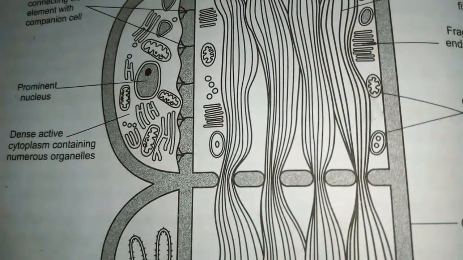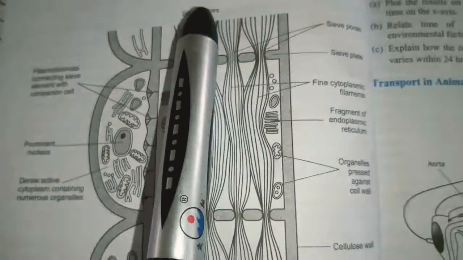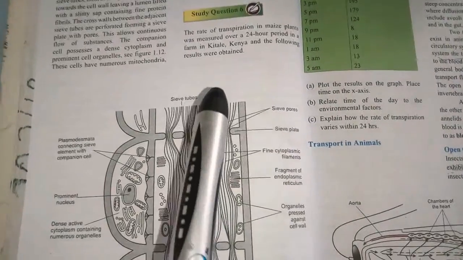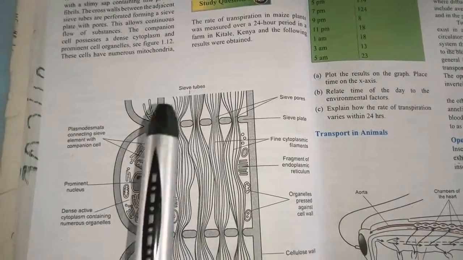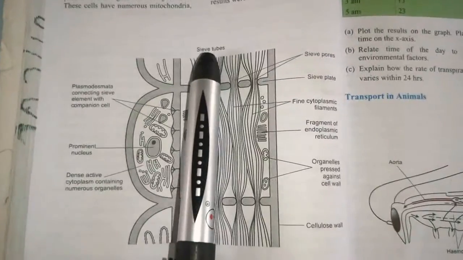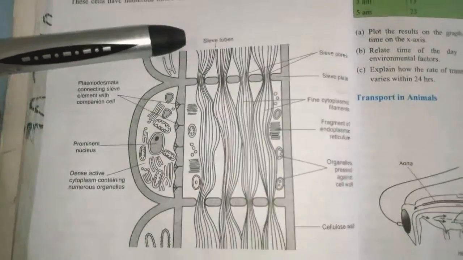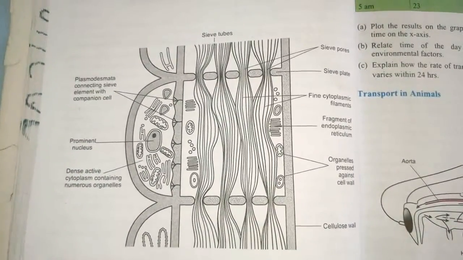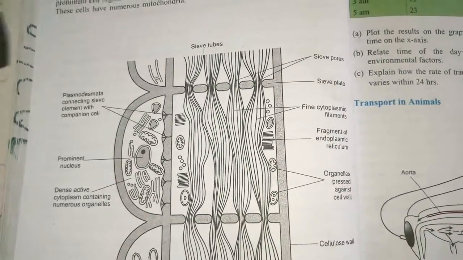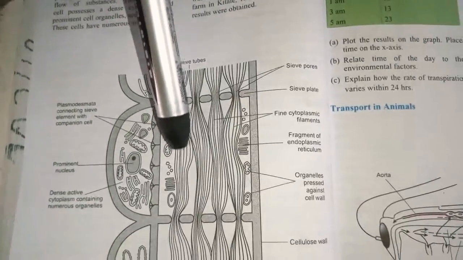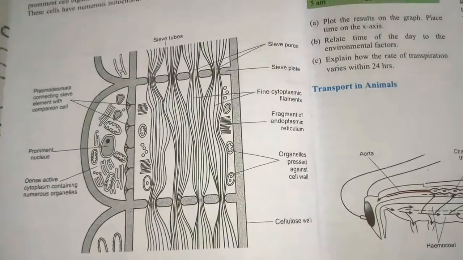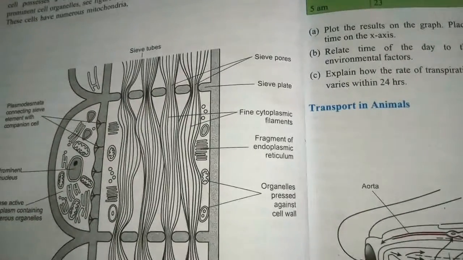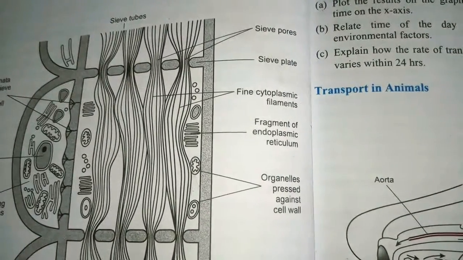We have some parts here which facilitate transportation of manufactured food. As you can see, these ones here we call the sieve tubes. The sieve tubes facilitate transportation of manufactured food, whereby the food is manufactured and it gets into the sieve tubes, and it is transported all over the plant body.